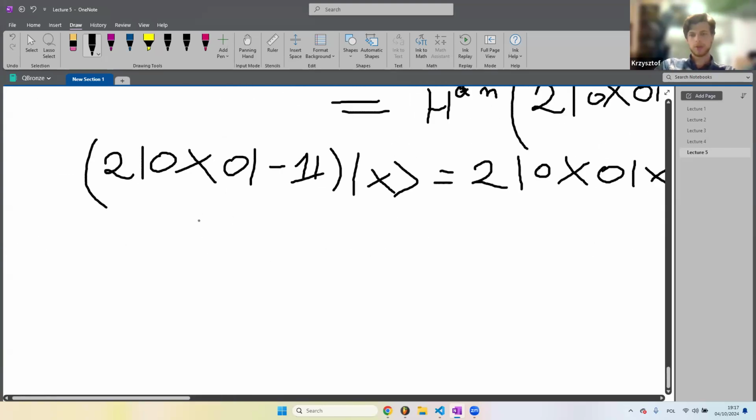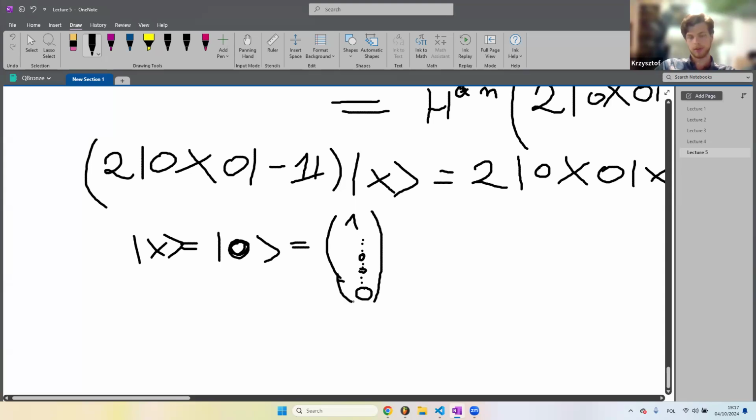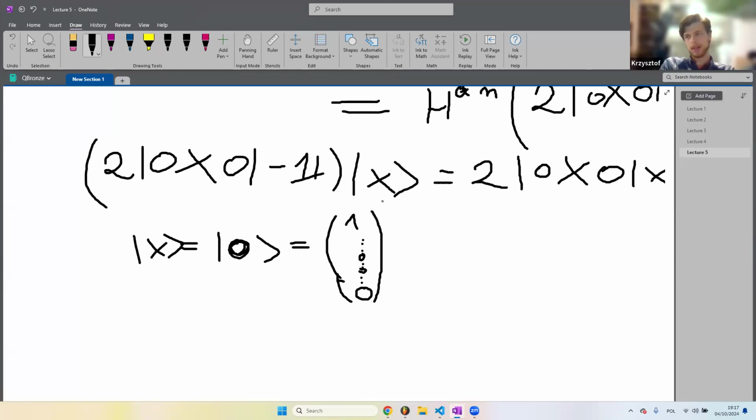Now there are two possibilities. If x is 0, and by 0, I mean a vector 0, so I'll try to make it bold. So a vector 0 is actually a 1 at the beginning, and no matter how many elements there are, it is a vector of a form like this. And this is important because we can have any number of generalized qubits, not only 2. So this is what I mean by the vector 0.